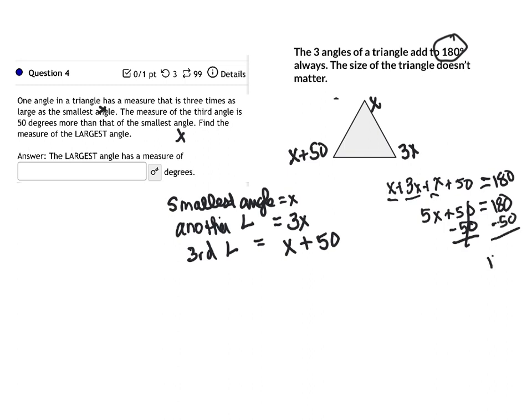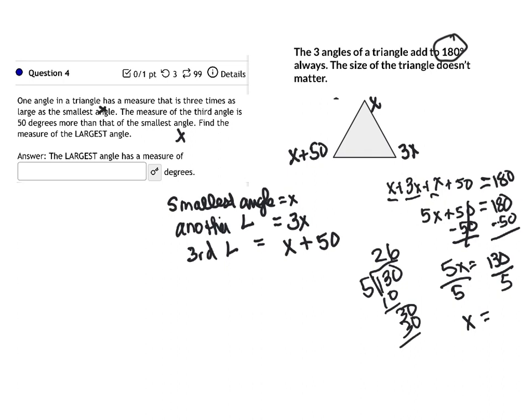So that gives us 130. Take the sign of the larger, which is 180. Divide both sides by 5. If you need to, divide the 5 on the side, or use your calculator. So that's 26.